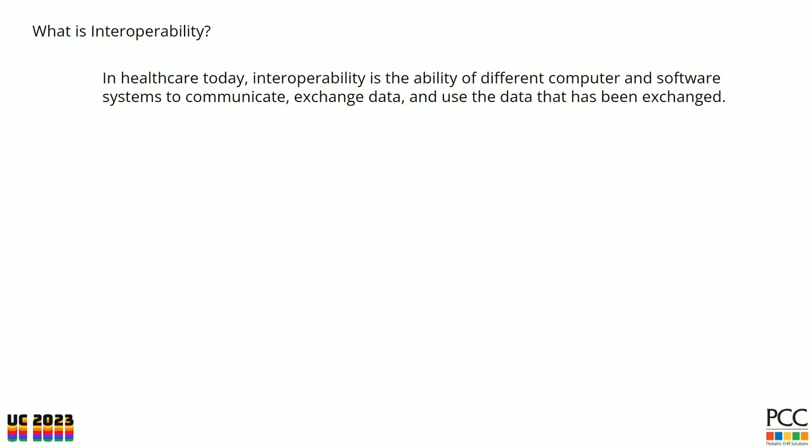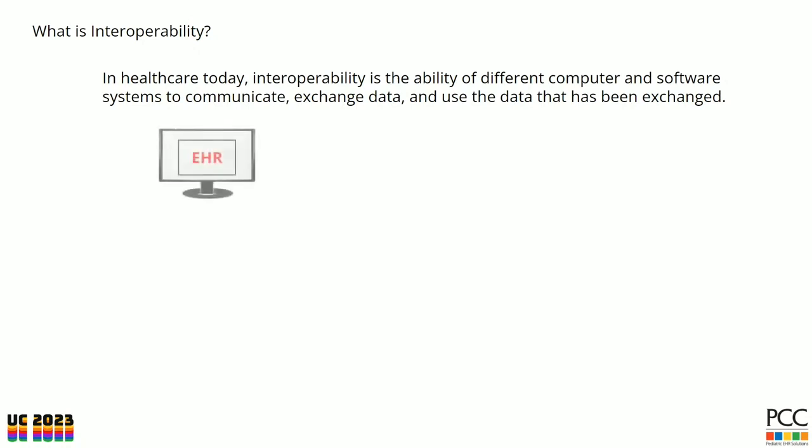All right, first we're going to start out with like a 30,000-foot view. What is interoperability? It's the ability of different computer and software systems to communicate, exchange data, and use the data that has been exchanged. And this is complex in healthcare today because there's so many different entities that need to interact to provide care for a patient. Interoperability is the answer. It's the way to get all of these different entities' systems to work with each other.